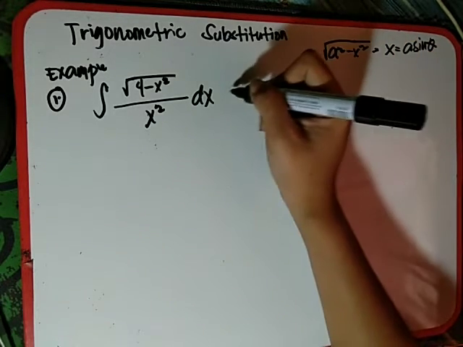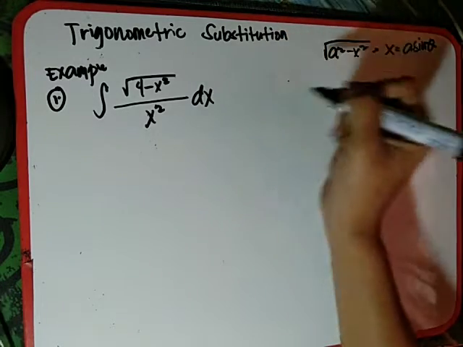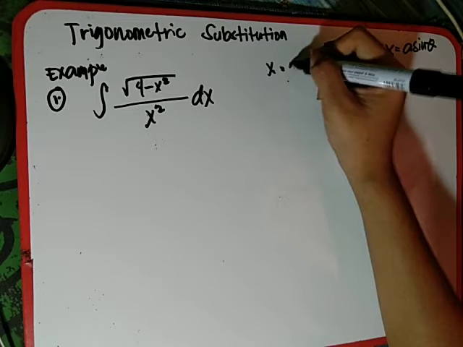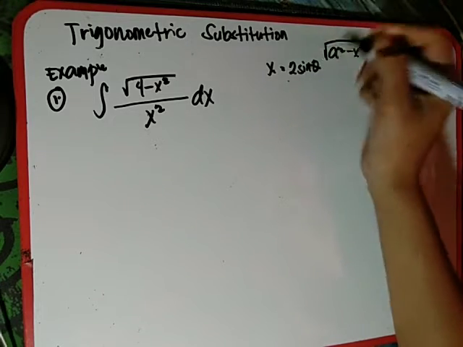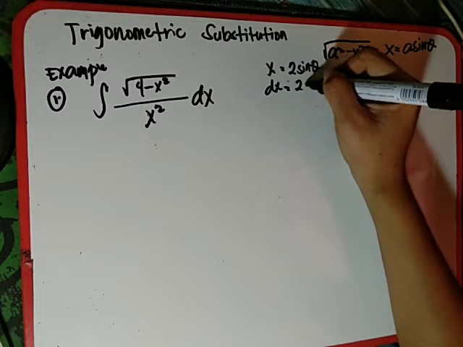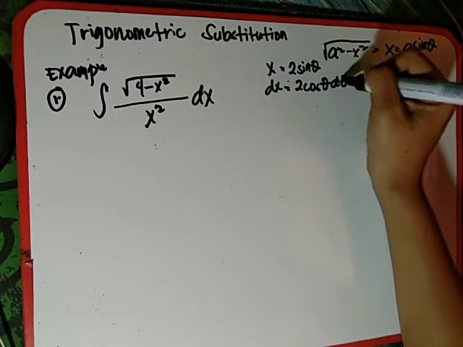So our x is 2 sine theta, and dx is equal to 2 cosine theta d theta.